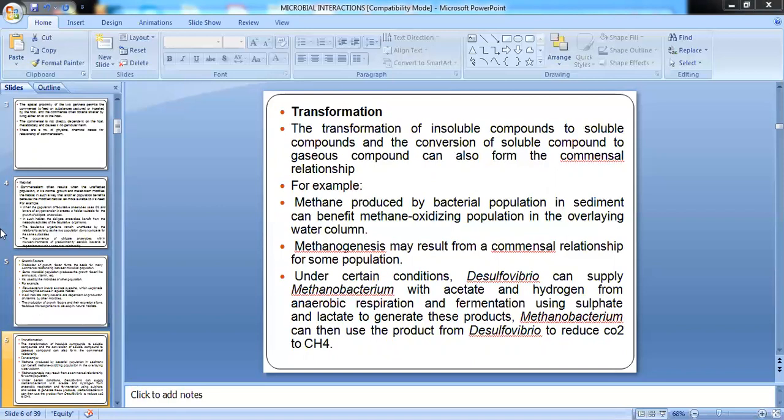This acetate and hydrogen, which are produced by Desulfovibrio, can be used by Methanobacterium to generate methane. So what has Methanobacterium done? It will use the product of Desulfovibrio and it will reduce CO2 to methane. So this is a commensalistic relationship whereby Desulfovibrio will use sulfate and lactate, will produce acetate and hydrogen, and Methanobacterium will convert CO2 to produce methane.